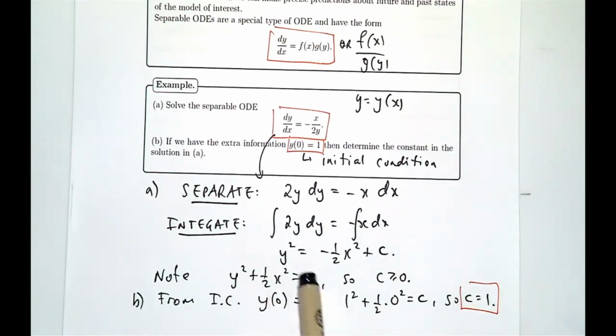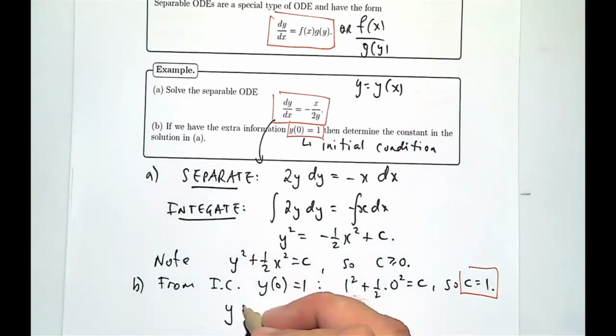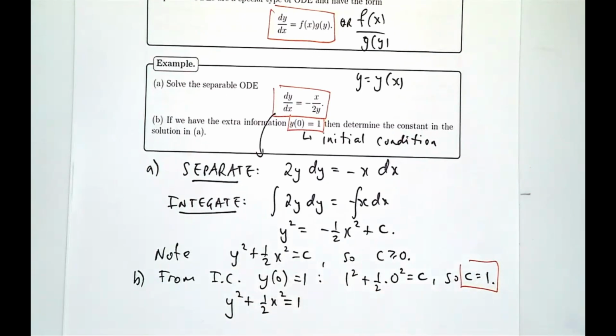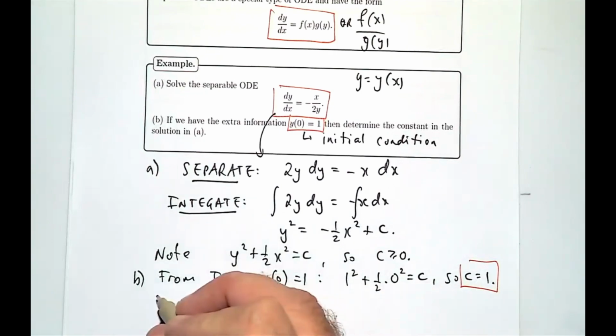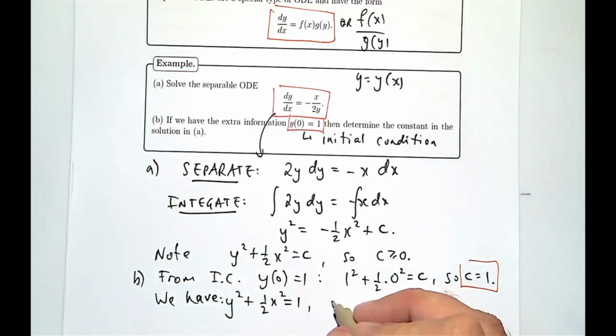So let's write out our solution here. Okay, that looks okay so far, but let's see if we can get y. Let's simplify a little bit and try to make y the subject.